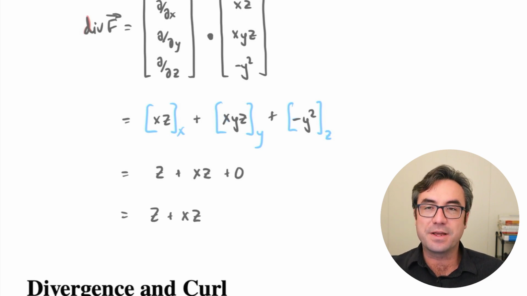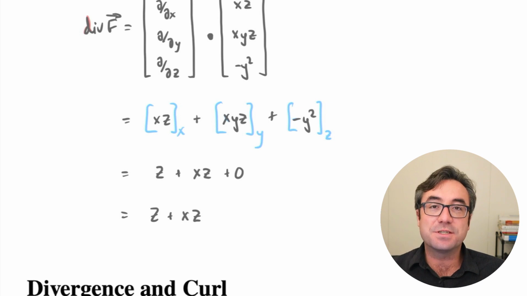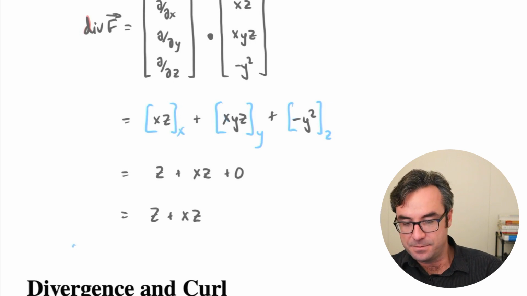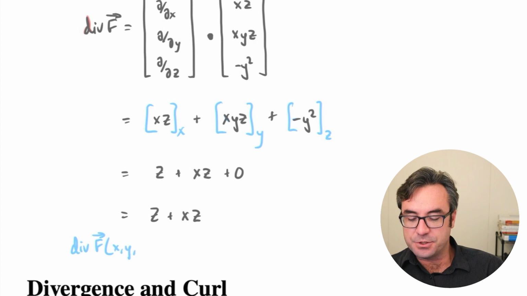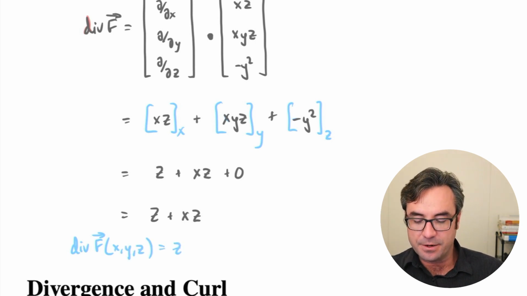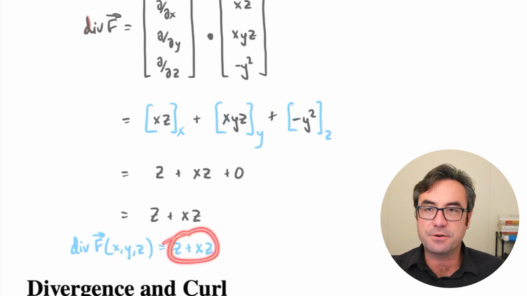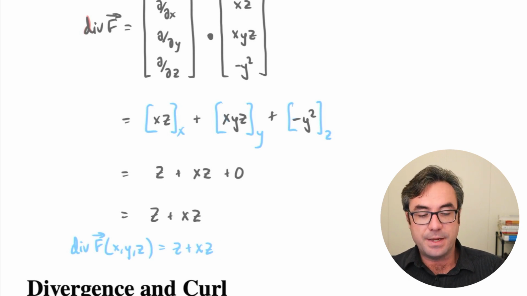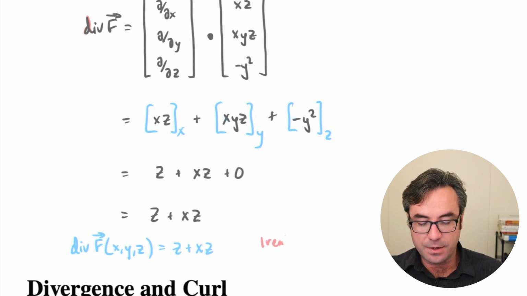And so the thing to note again is the divergence of this vector field, in this case, there are 3 inputs, x, y, and z. And the formula here is z plus xz. And when we do this calculation, the result is just a number. So we end up with one real number as the output.